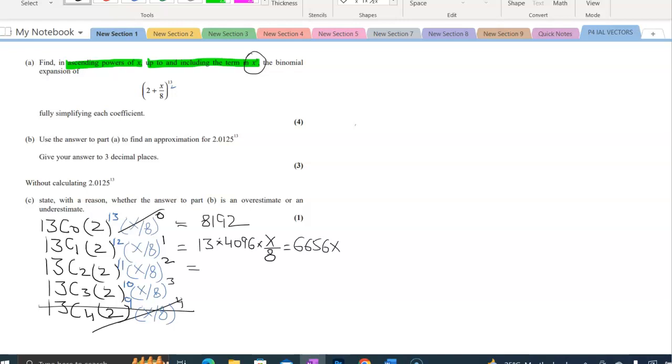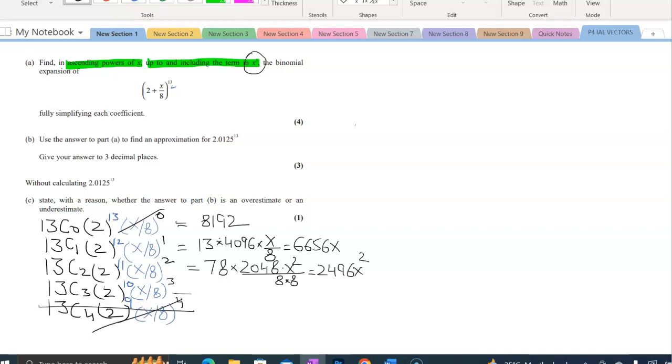13C2, you check your calculator, it is 78, and 2 to the power 11 is 2048. And this is x square over 8 multiply 8. If you calculate this, this will be 2496 x square.